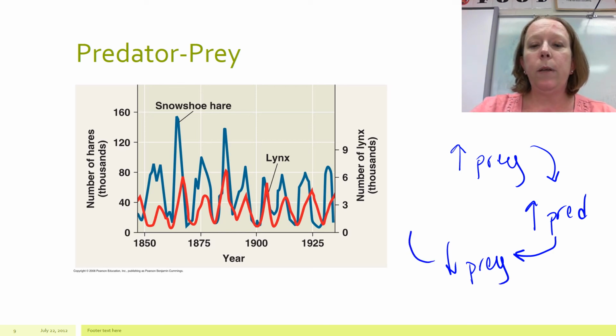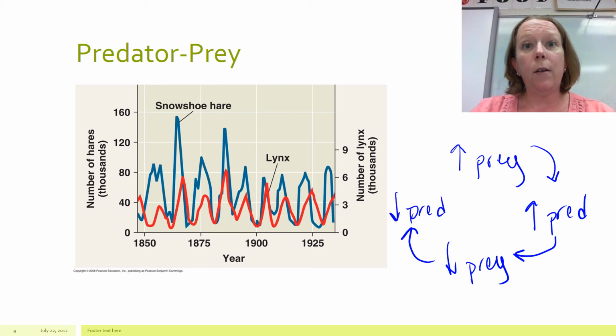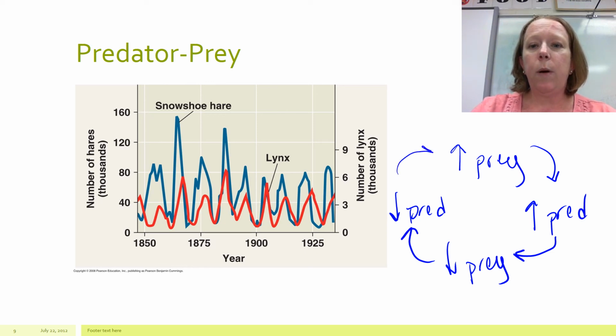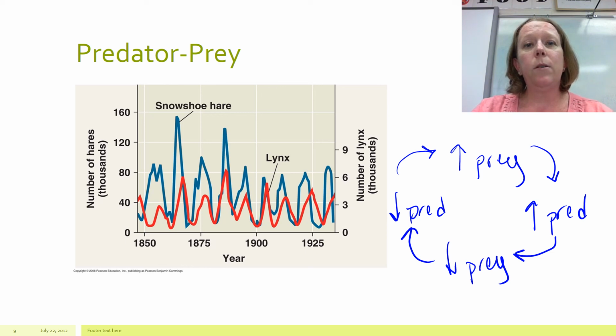And when the prey population decreases, that's going to cause the predator population to decrease because now there's not enough food available. When that predator population decreases, the prey population can go back up because they're not being eaten as much. And so you get this cycle that causes this constant fluctuation up and down of both the predator population and the prey population.